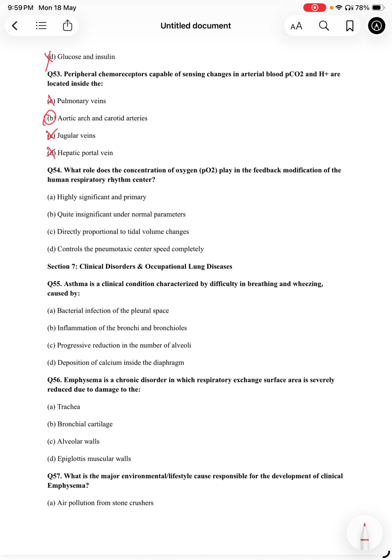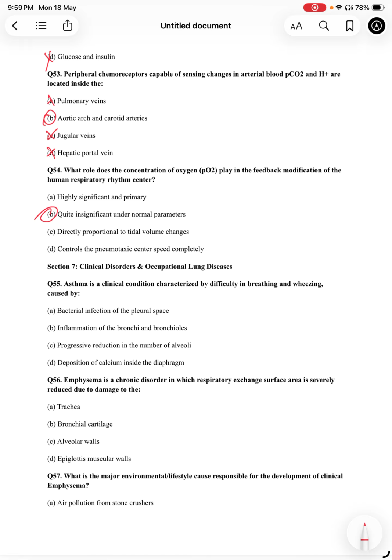We usually look at carbon dioxide and hydrogen, correct? So the regulatory role of oxygen is insignificant. Respiratory rate changes long before arterial oxygen drops to a critical level. Okay, so it is quite insignificant.